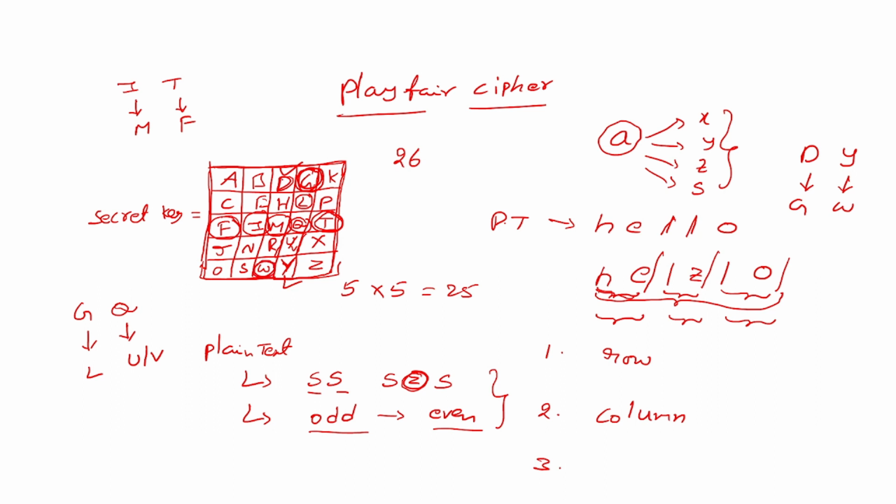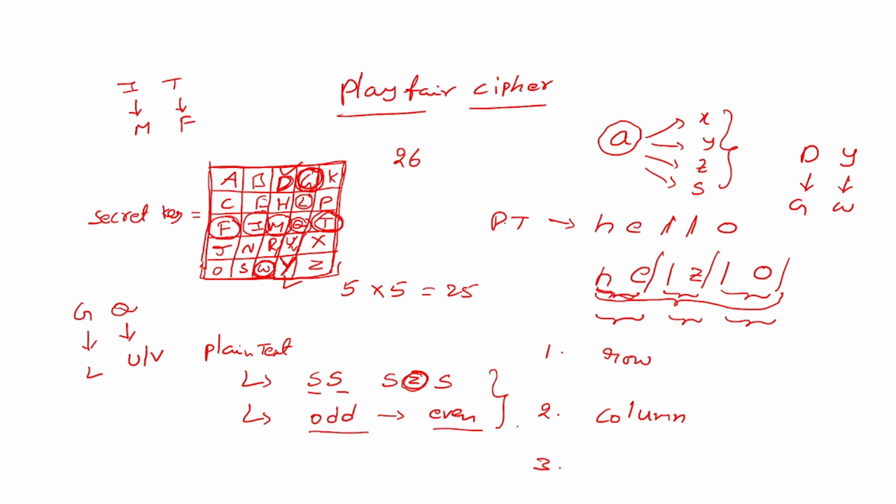So for D, whatever cross section character is in the same row is taken in place of D, and whatever the other cross section character is in the same row as the other character, we take that in its place.